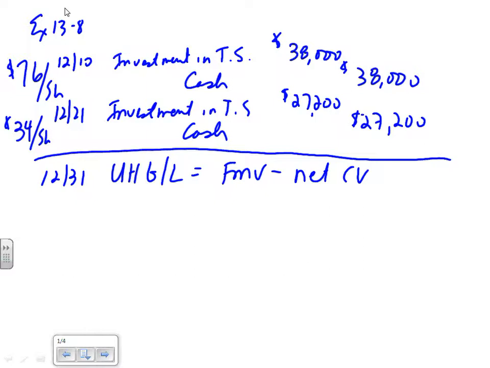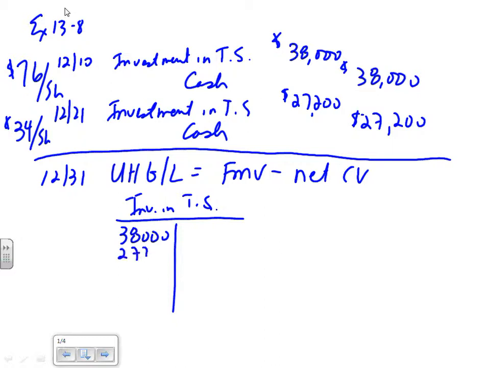And for trading securities, when we think about the net carrying value, if I'm using my T accounts here, investment in trading securities, we don't normally use a valuation account. And so we would just have these two amounts here, $38,000 and $27,200.